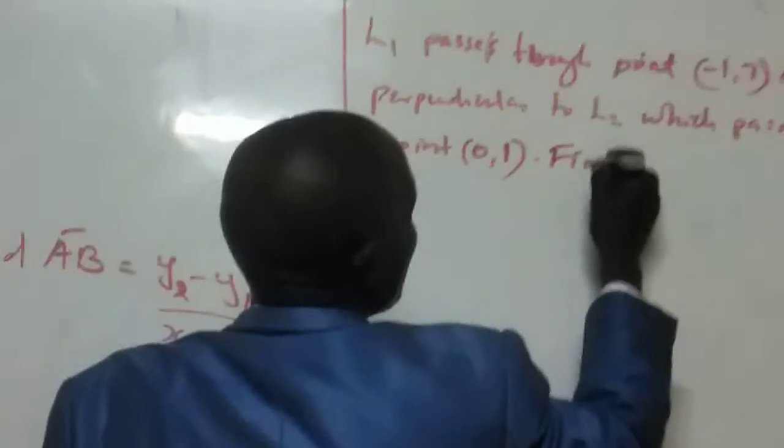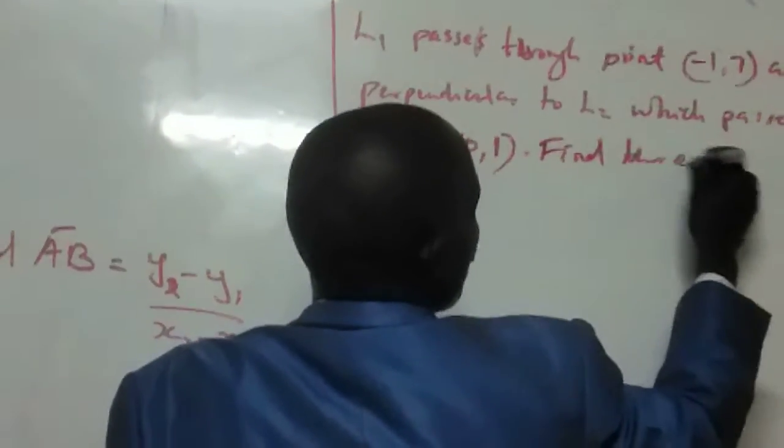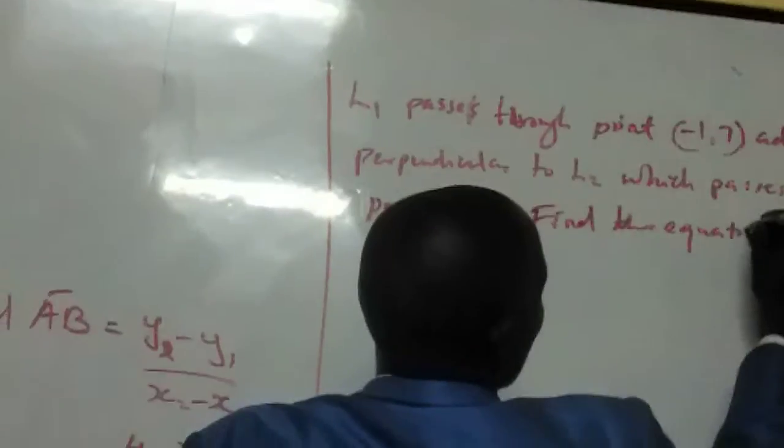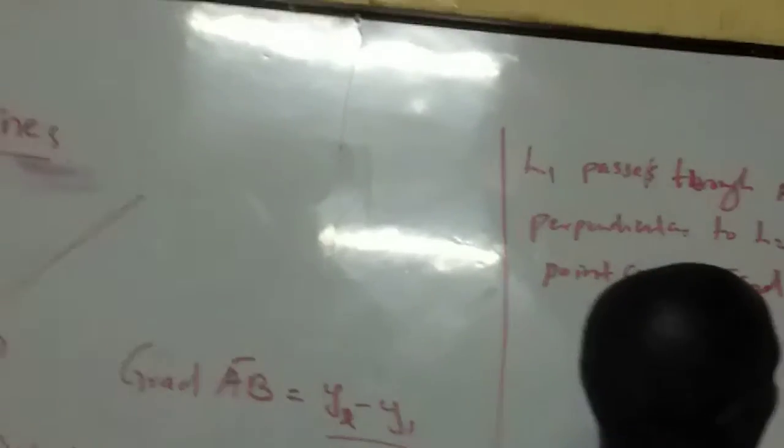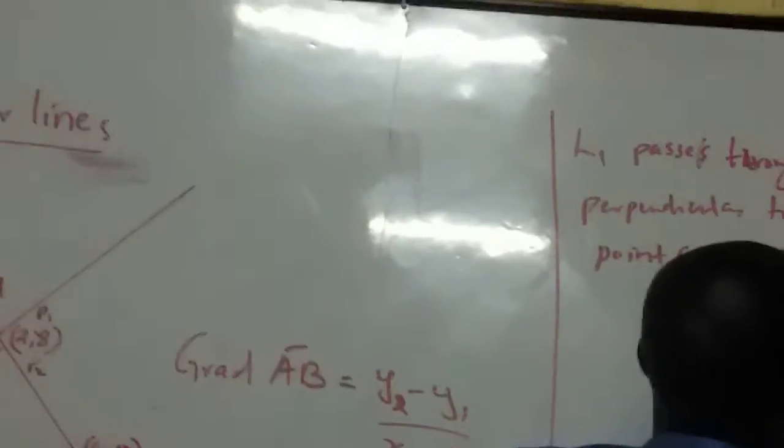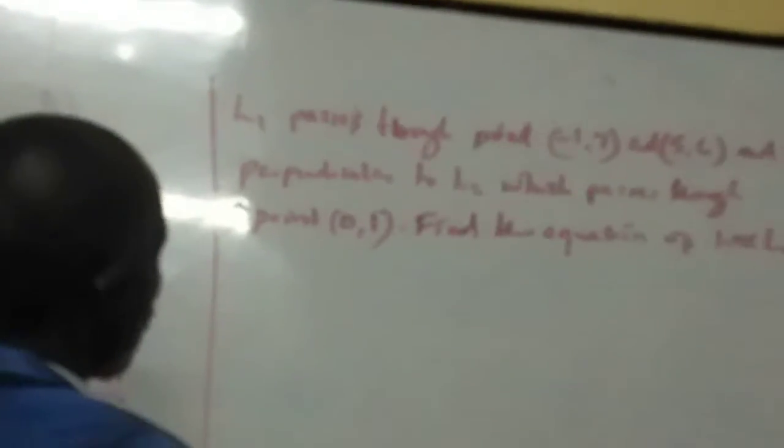Find the equation of line L2. So in this case, we are told that line L1 passes through points (-1, 7) and (5, 6).